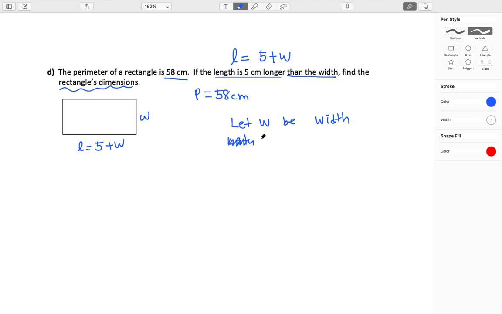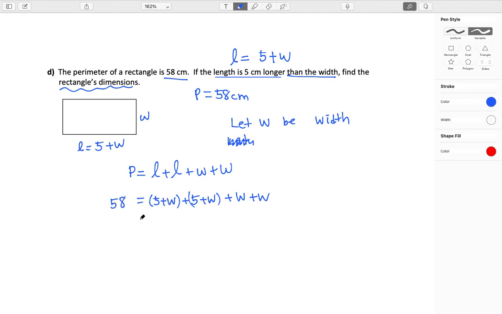So we know that 5 plus W is the length, and we know that the perimeter is length plus W plus length plus W. We can plug in the length, which is 5 plus W, plus W, plus 5 plus W, plus W. And we know the perimeter is 58.